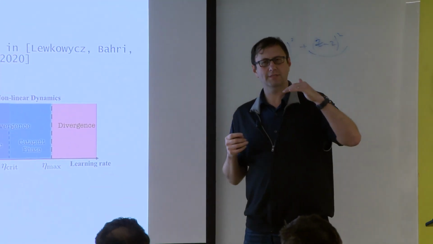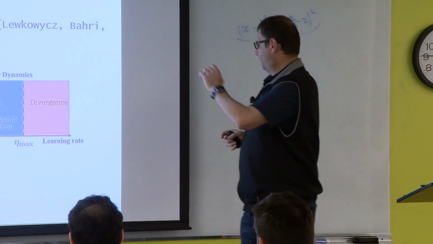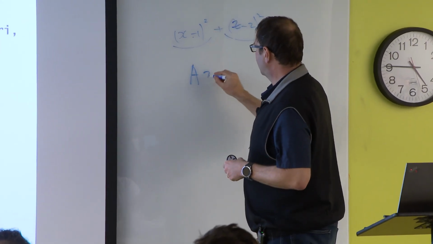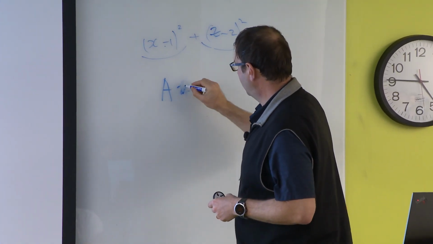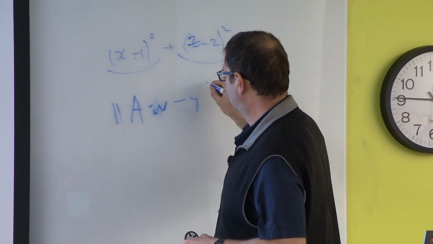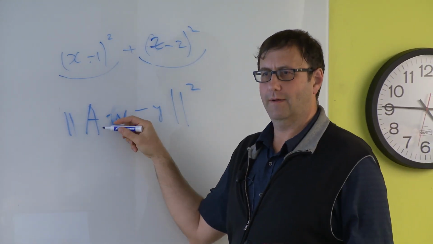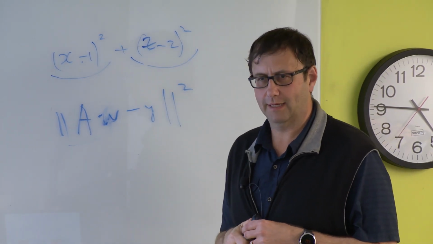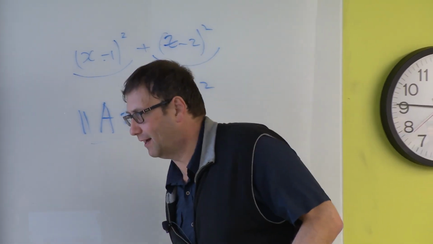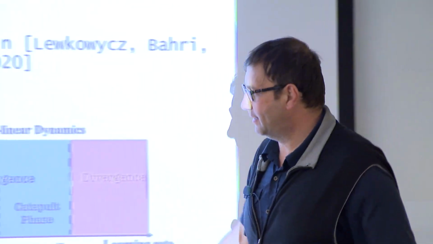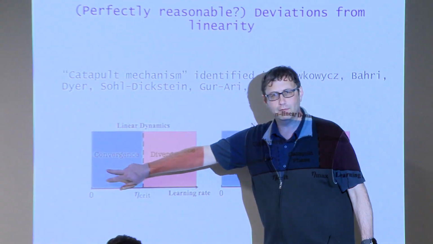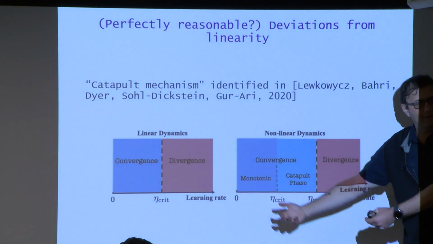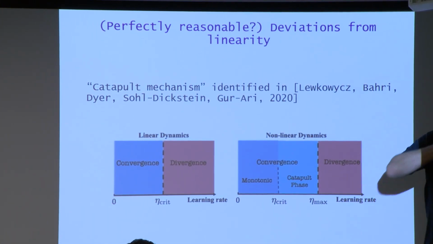If I'm solving the loss ||Ax - y||^2 by gradient descent, it works as long as my step size is smaller than 2 over the maximum eigenvalue. So that's a critical value. Below this critical value, you have monotone convergence of gradient descent. Above that critical value, it just diverges.